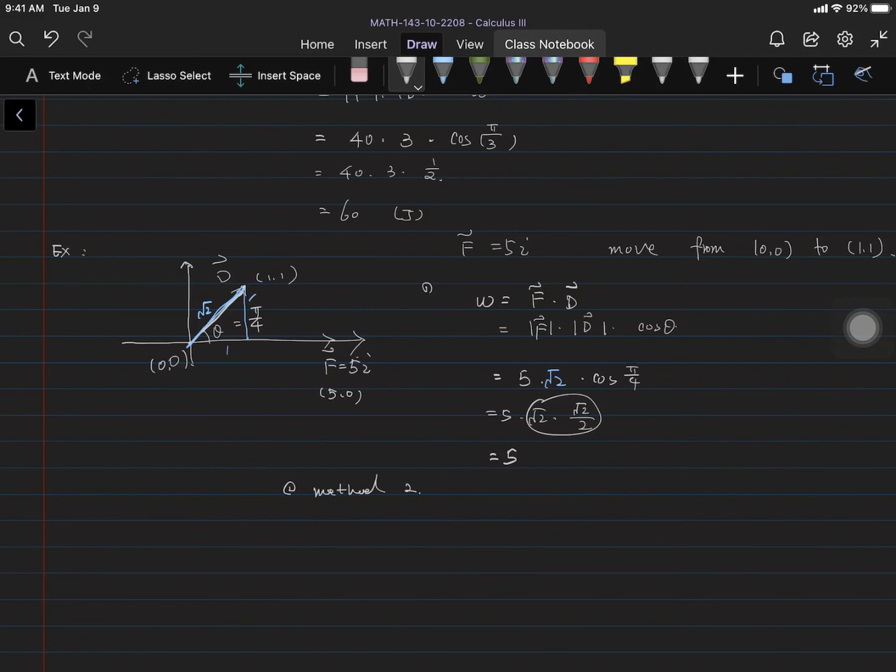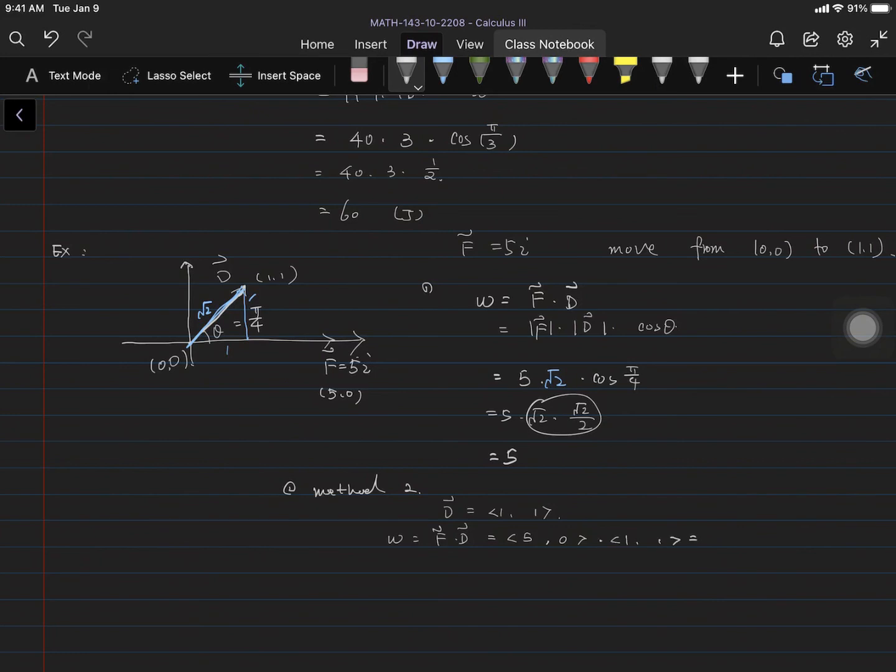The other method, method 2: we can find the D vector. So actually, what's the D vector? Oh, this way is even better. The D vector is just 1, 1, is that right? Because the start point is the origin 0, 0. So F is given, and the work just equals F dot D. F is 5i, so it should be 5, 0, dot 1, 1.